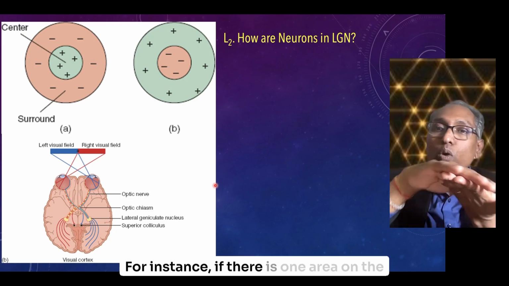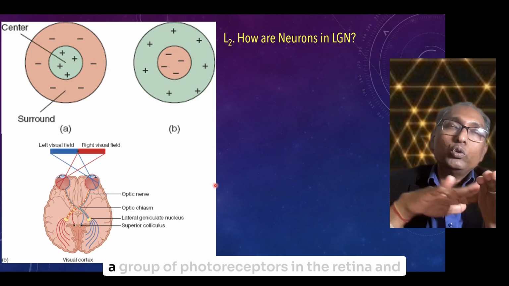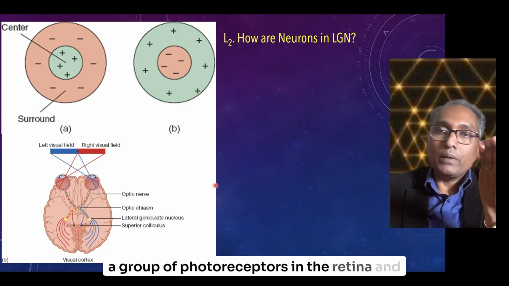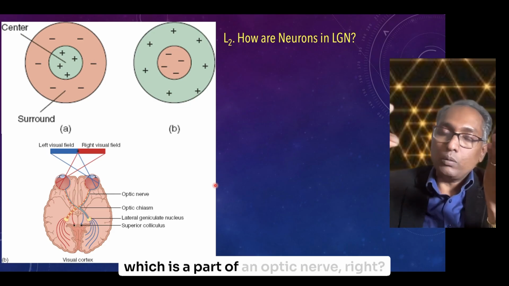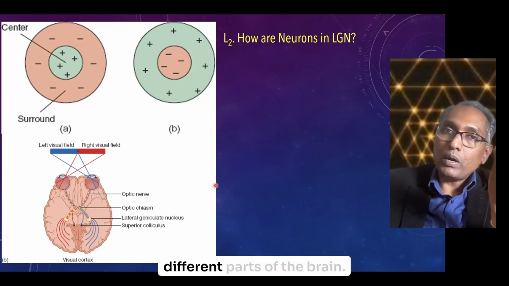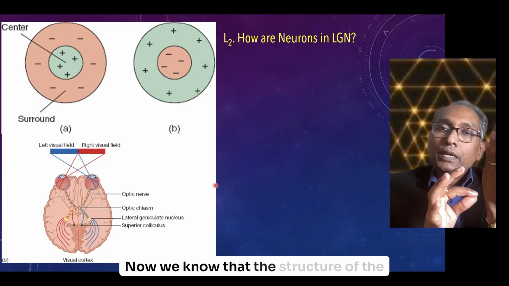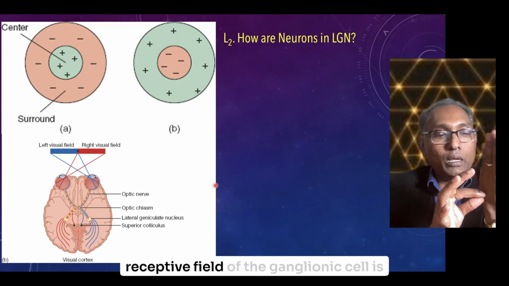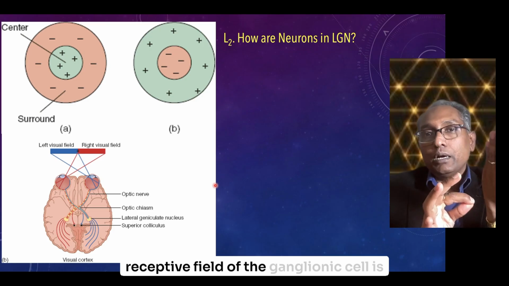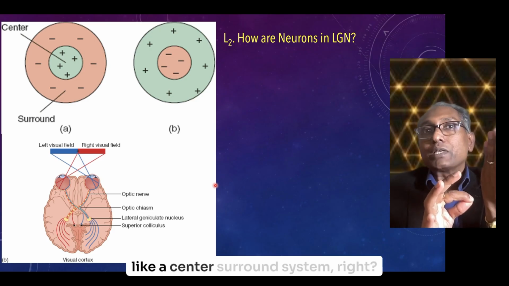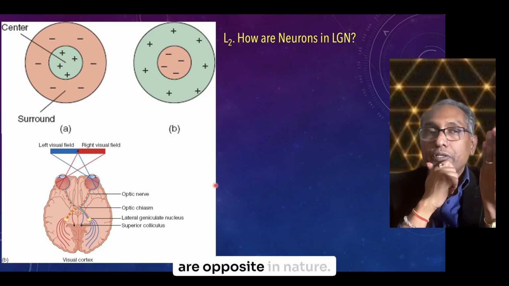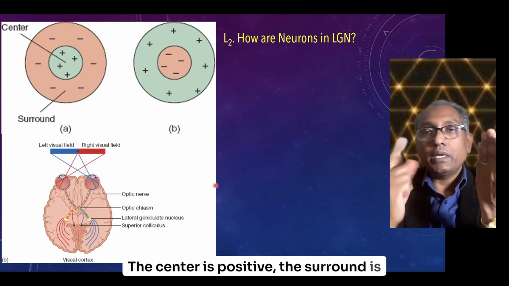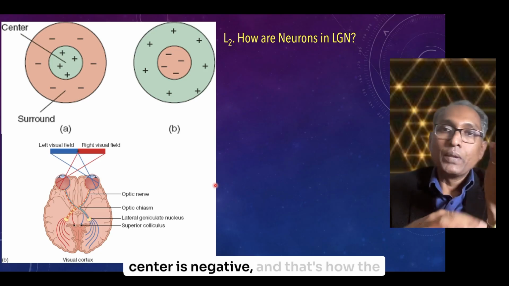For instance, if there is one area on the retina, meaning a group of photoreceptors, and they get connected to one ganglion cell, which is a part of the optic nerve, that information goes to the LGN and different parts of the brain. Now we know that the structure of the receptive field of the ganglion cell is like a center-surround system, where the center and surround are opposite in nature. The center is positive and the surround is negative, or the surround is positive and the center is negative, and that's how the structure is.